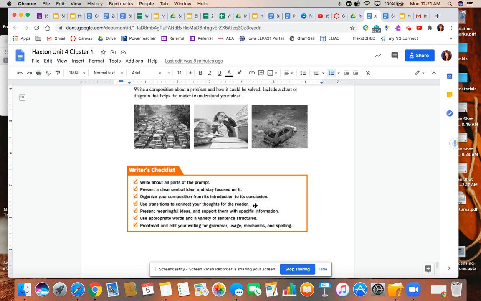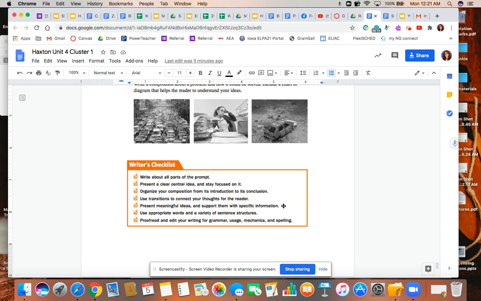And those transitions show that your two ideas that are next to each other in the paragraph actually have different ideas. And those words give clues to your reader about how your ideas are different. So try to use some words like that in your paragraph to connect your thoughts. Of course, your paragraph should present meaningful ideas.